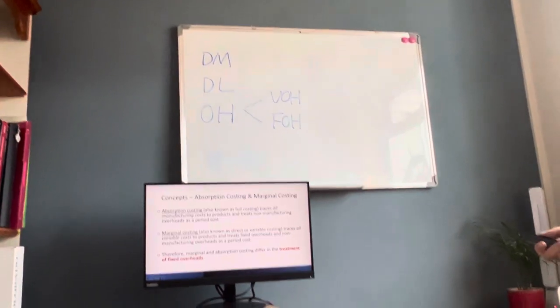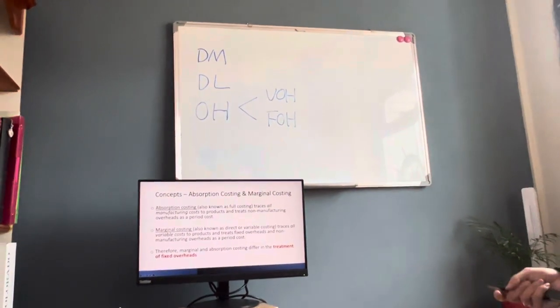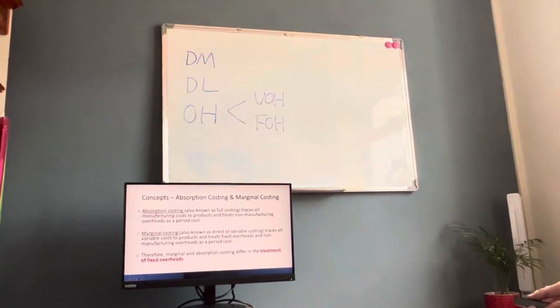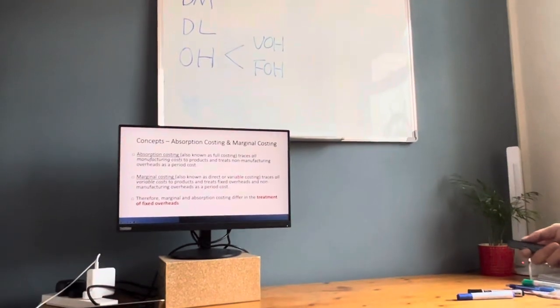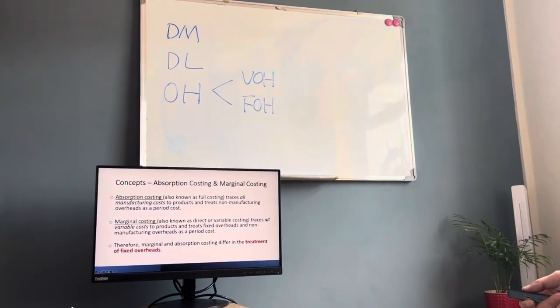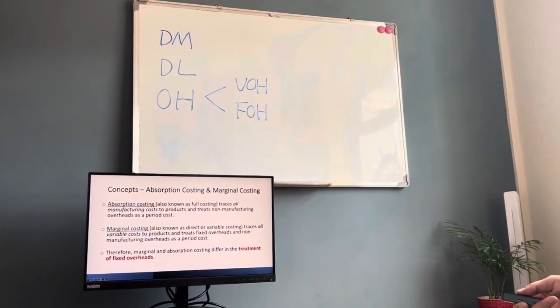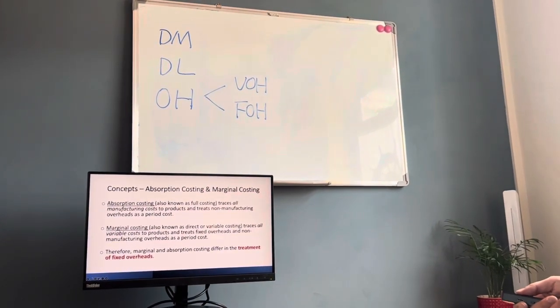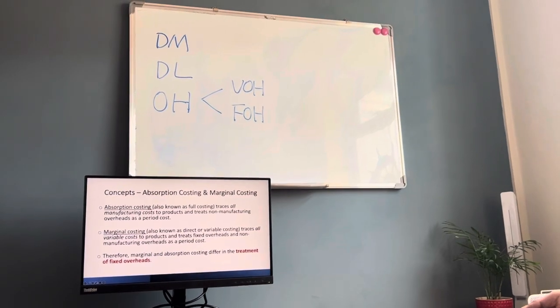Under marginal costing, we treat fixed cost as a period cost, like non-manufacturing overheads. The key difference between these two methods is how we treat fixed overheads.